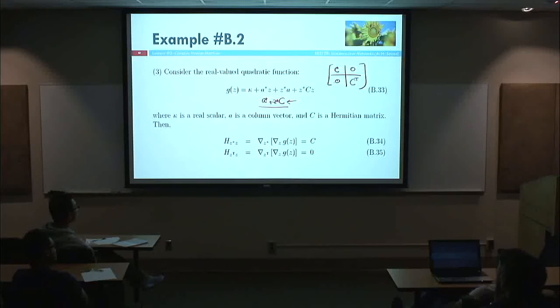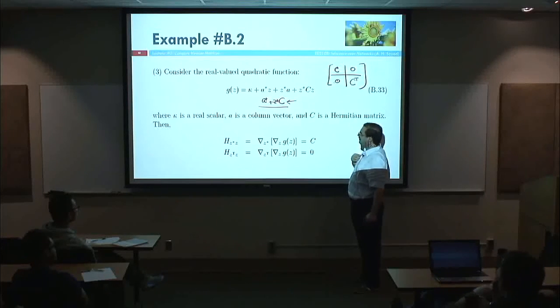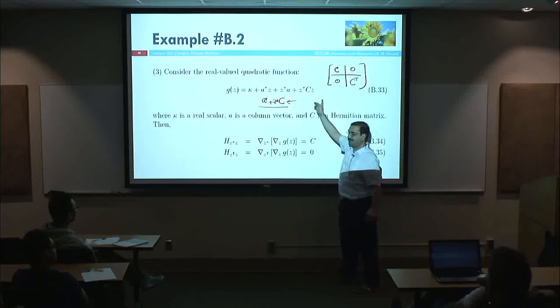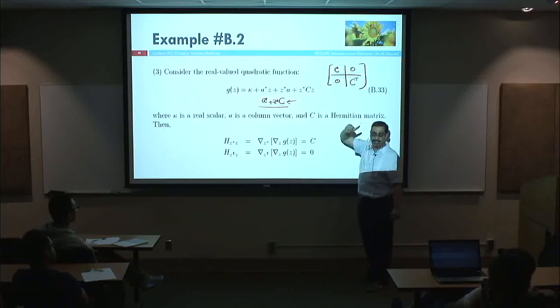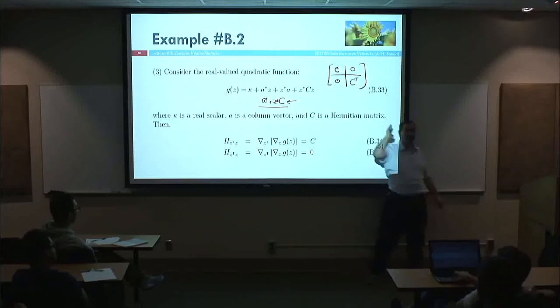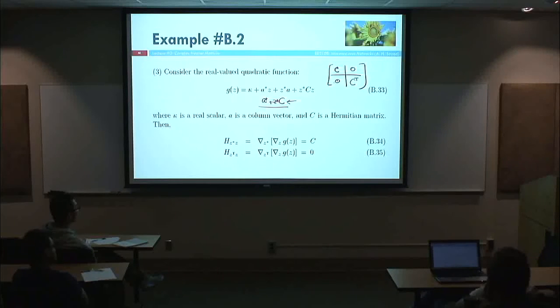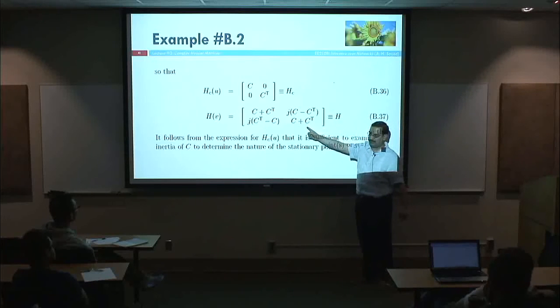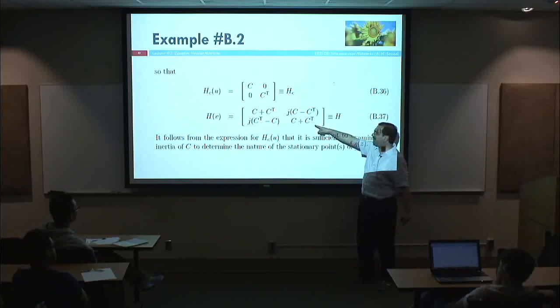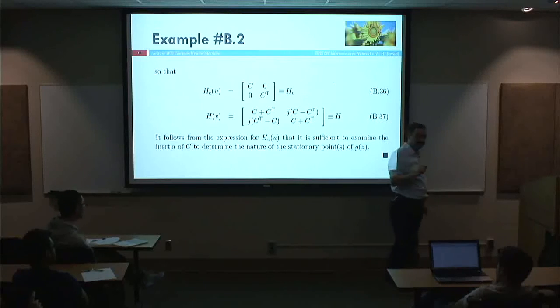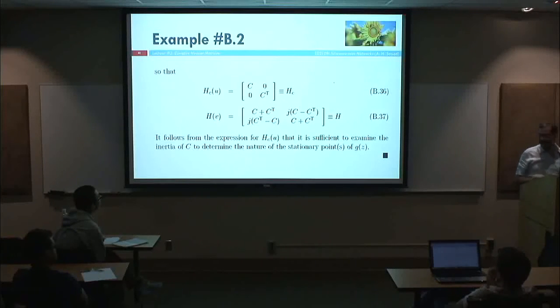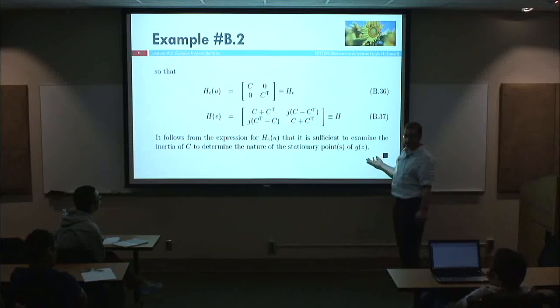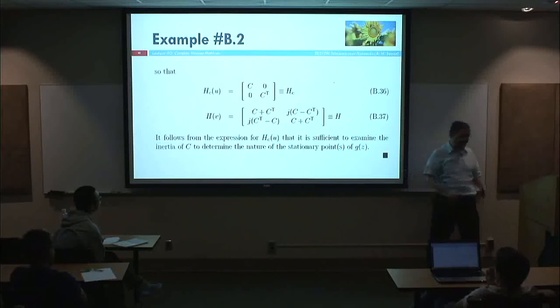Block diagonal. And from here you can see right away that in order for me to tell whether I have a minimum or a maximum for a quadratic cost, I just need to examine the inertia of only c. I don't even need to worry about c transpose. Now, for this example, if you compute the real Hessian, you get the matrix that you have here. So you see, for this particular example, it's easier to work with the complex Hessian than to work with the real Hessian, right? Okay, you understand? So this is one particular example, okay?